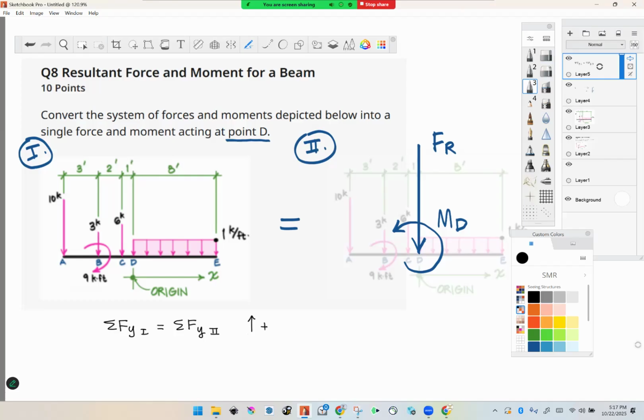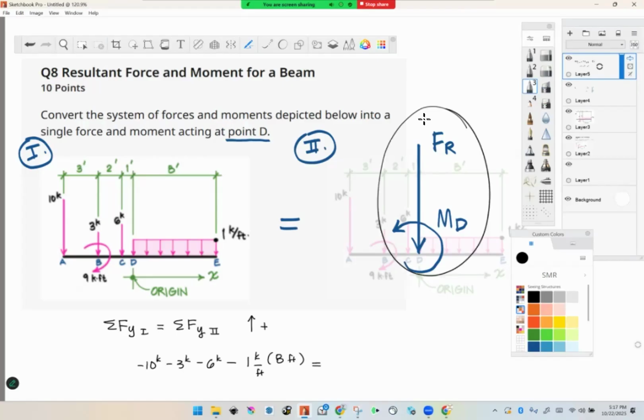So on the left side, I've got negative 10 kips, minus 3 kips, minus 6 kips, and minus 1 kip per foot times 8 feet equals.